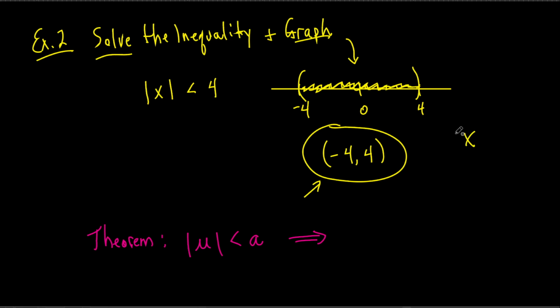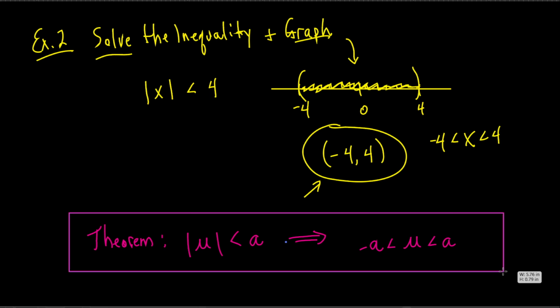I could say x is between -4 and 4, couldn't I? Wouldn't that mean the same exact thing? The reason I did that is because they write this theorem like this, where x is between 2 numbers. So we're going to put u is between 2 numbers. What 2 numbers? Well, -a and +a. So that is the theorem right there.